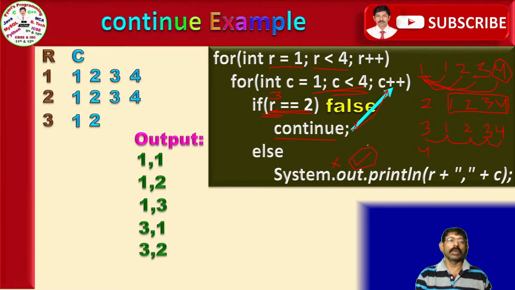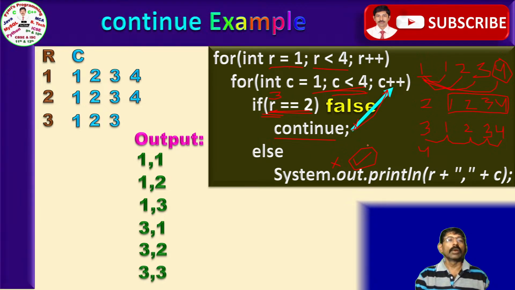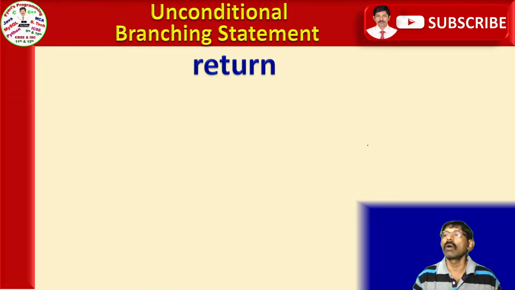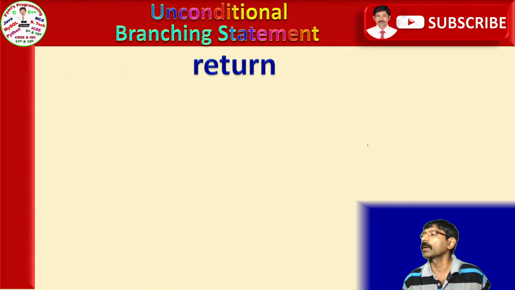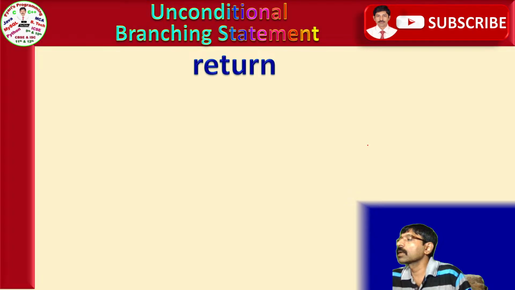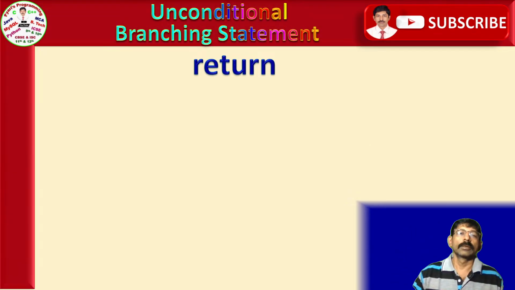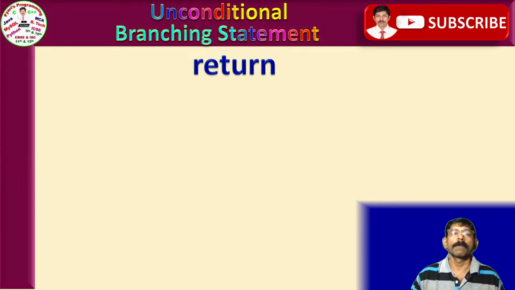Then 3,3, because it is false. R is false condition. Next when R is 4, inner loop is false. R is equal to 4, outer loop is false. Return statement. Next line mechanism. Good.